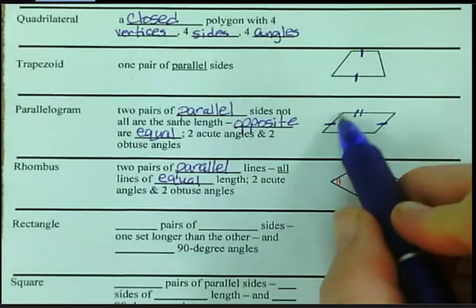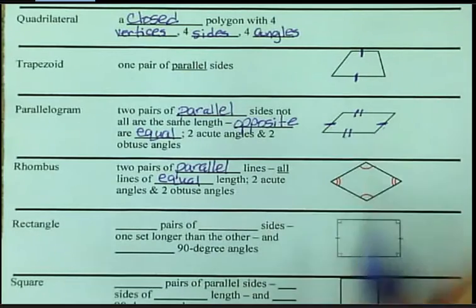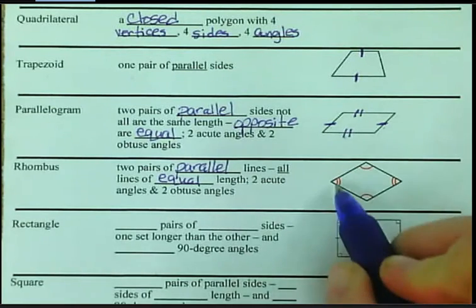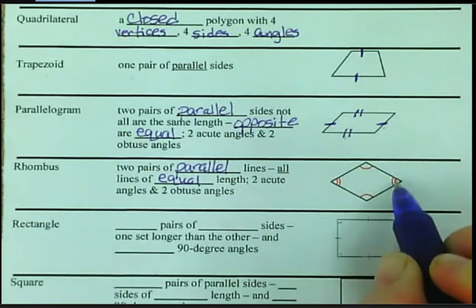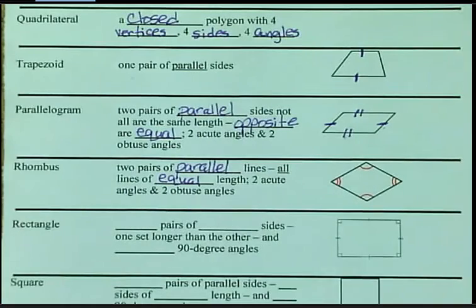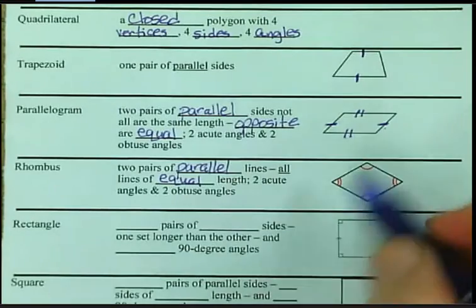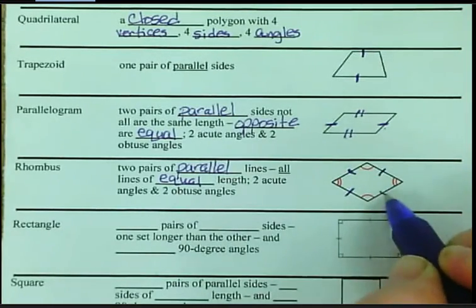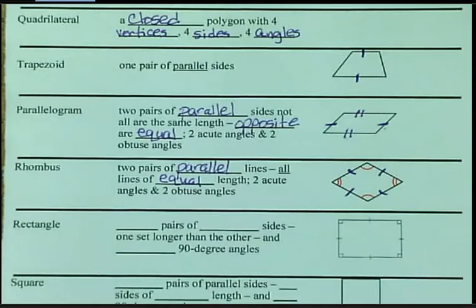Up here we can see these two are shorter than those two, but these are all the exact same. However, they're put together in such a way that I have two angles that are the same here, and these two angles are the same. They're not all four the same because they're not at right angles. So these are all the same length. That makes it a rhombus.